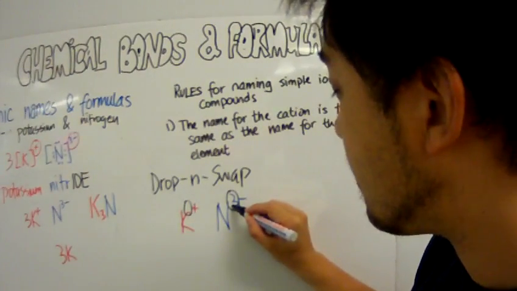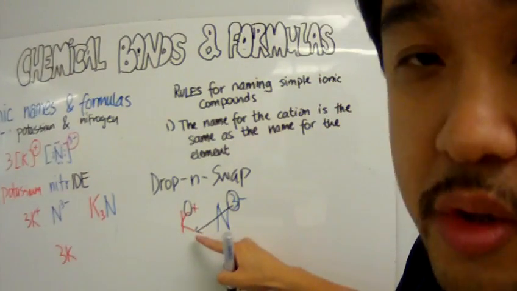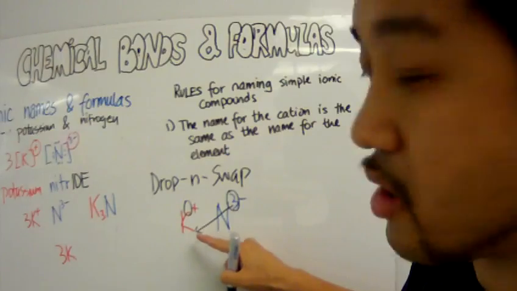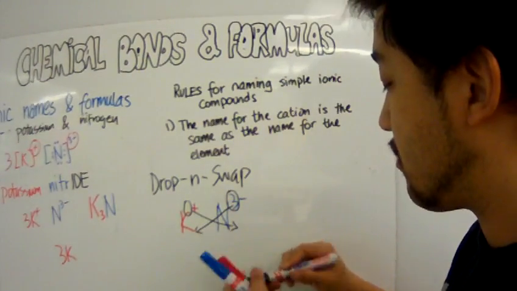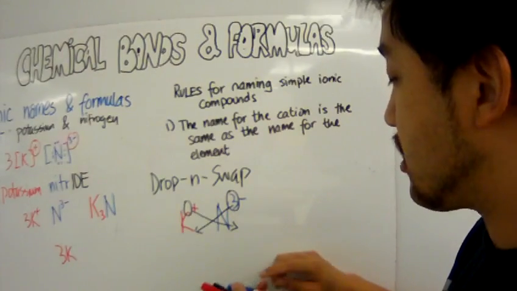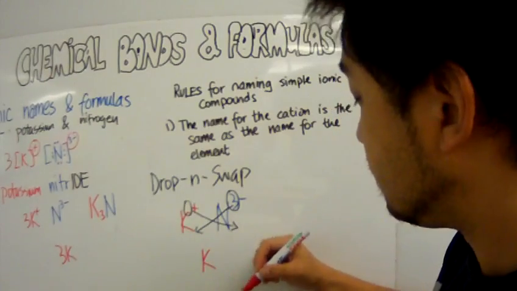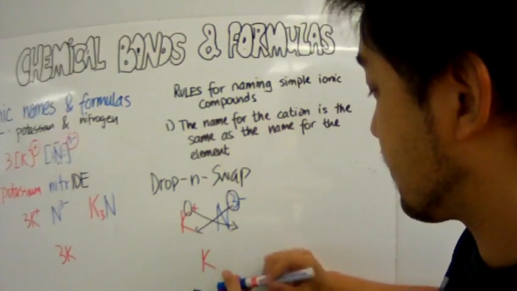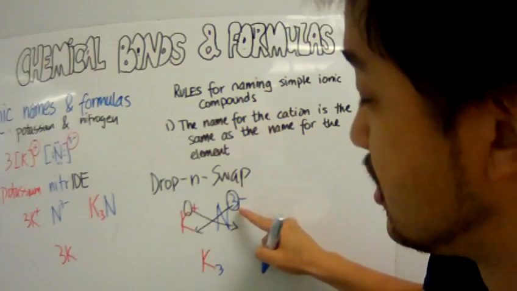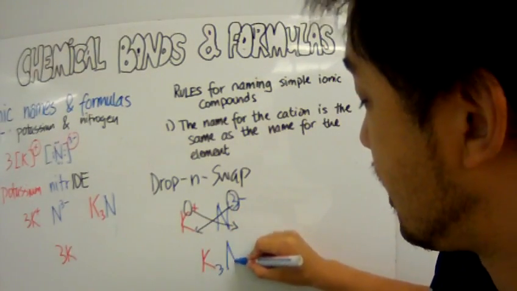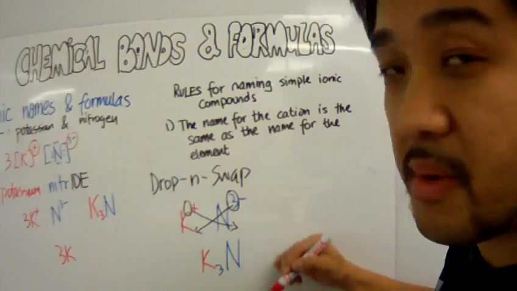And what I'm going to do is drop and swap these coefficients to the bottom right corner of the symbols. And so what I end up having is K, okay, 3 from that nitride here, N. And how many N's do we have?